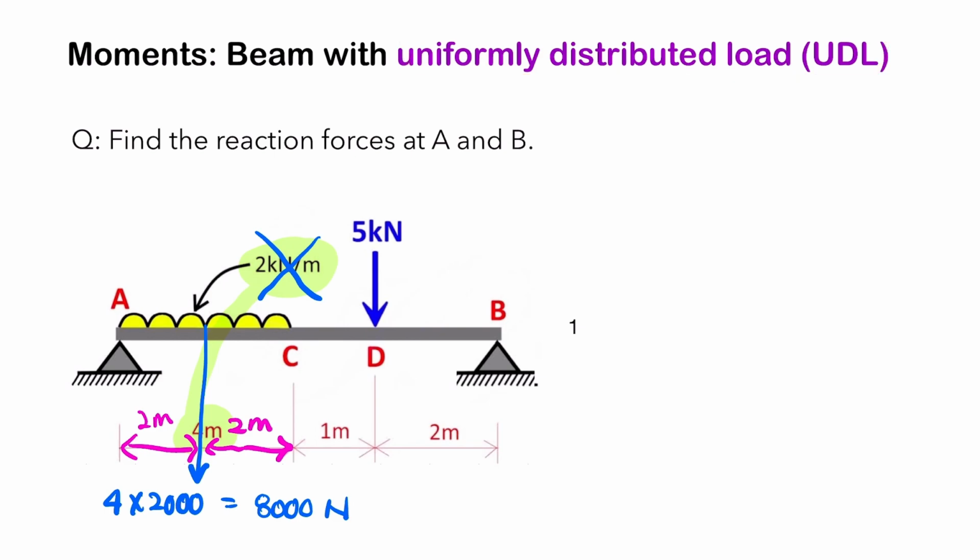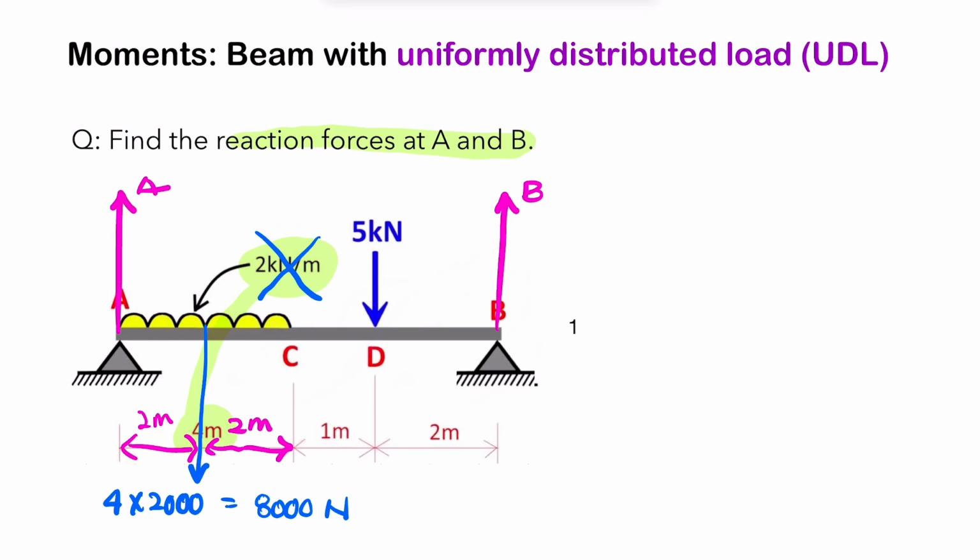So this question is asking for the reaction forces at A and B. So we're trying to find the reaction force at A and the reaction force at B. If we call this force B and we call this A, you would do this using the principle of moments that says that the net moment needs to be 0.